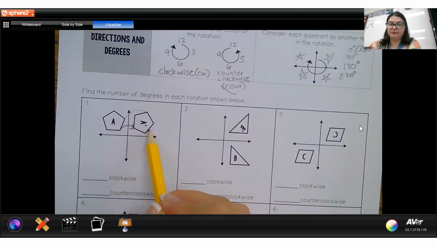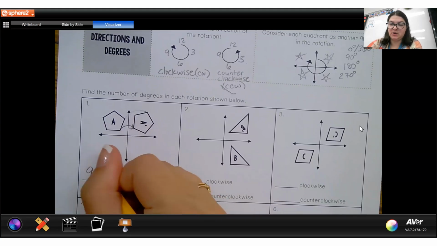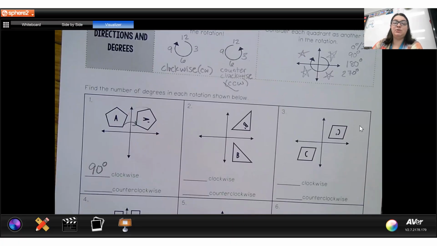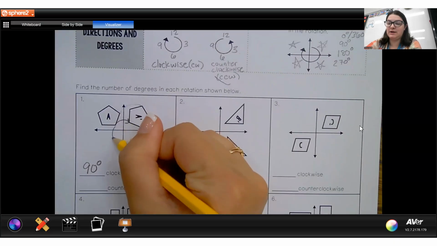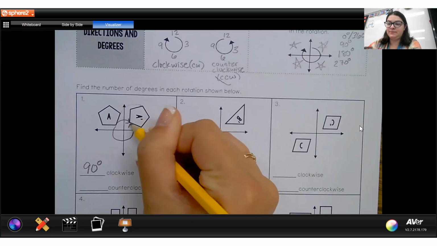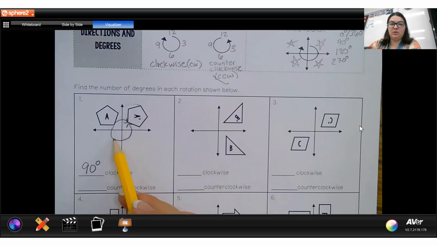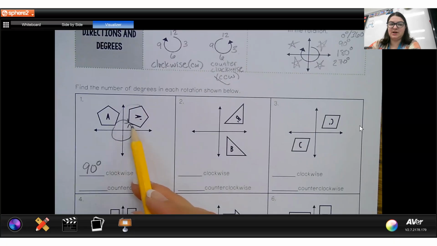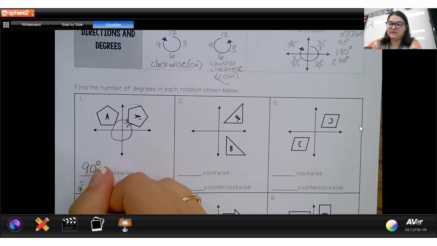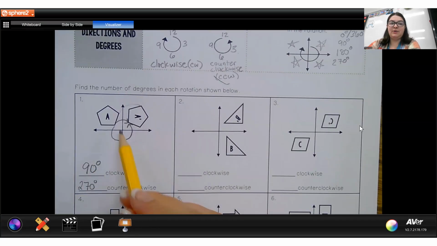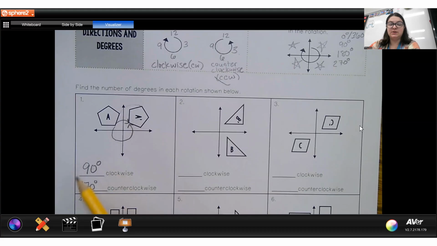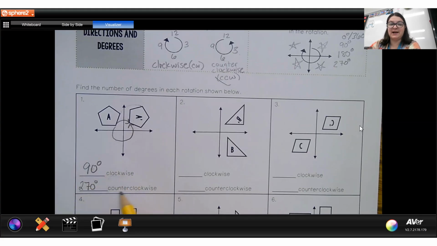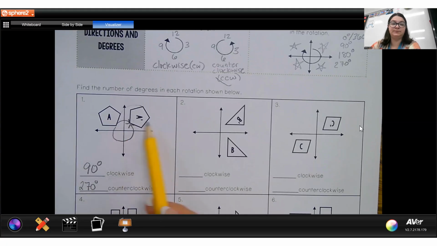It is one quadrant over, so that would be 90 degrees clockwise. But you can also look at it as going counterclockwise if you look at it going the other way. So if I go around the other way, it went over one quadrant, two quadrants, and into the third quadrant, which is 270 degrees. Notice how the clockwise and counterclockwise arrows make a full circle. That's because 90 plus 270 gives us that 360 degrees. So going clockwise and looking at it counterclockwise together should give you that full circle.